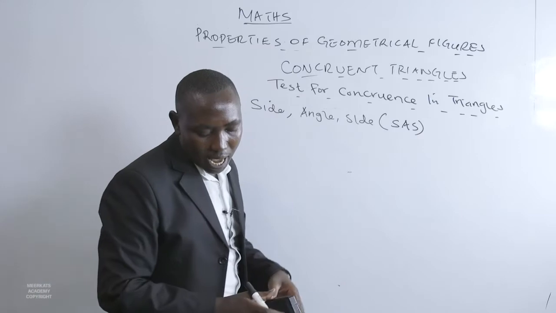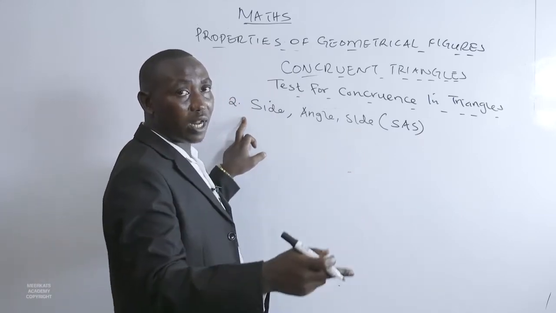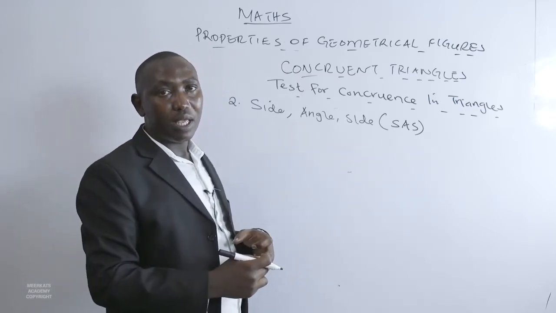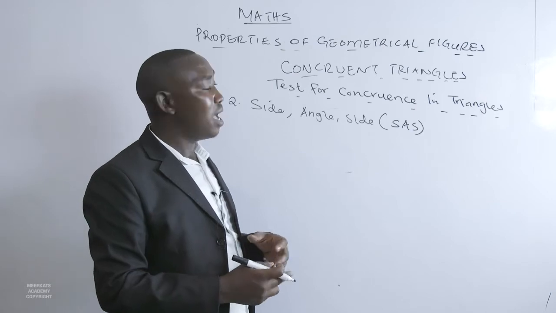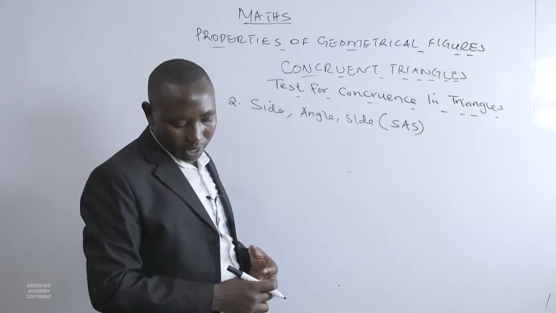That is the SAS. So that means two sides of the two triangles are going to be equal, then one of the angles is going to be equal, and this angle should be the included angle between the two sides.